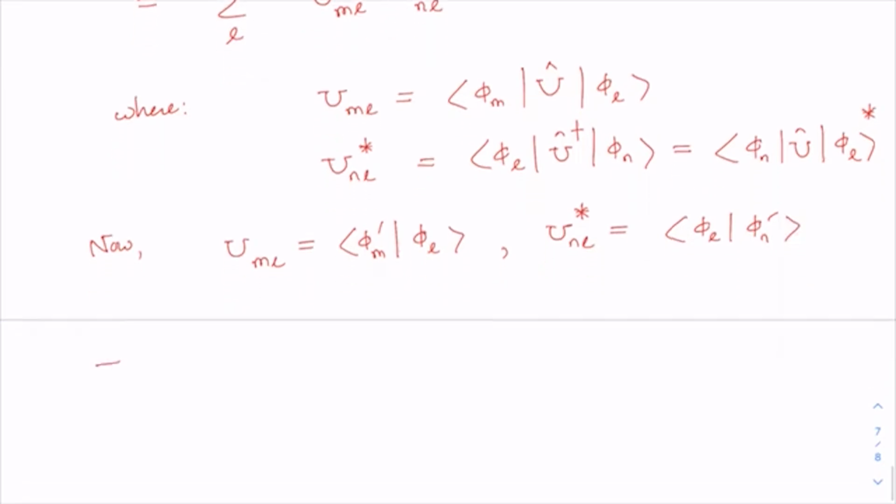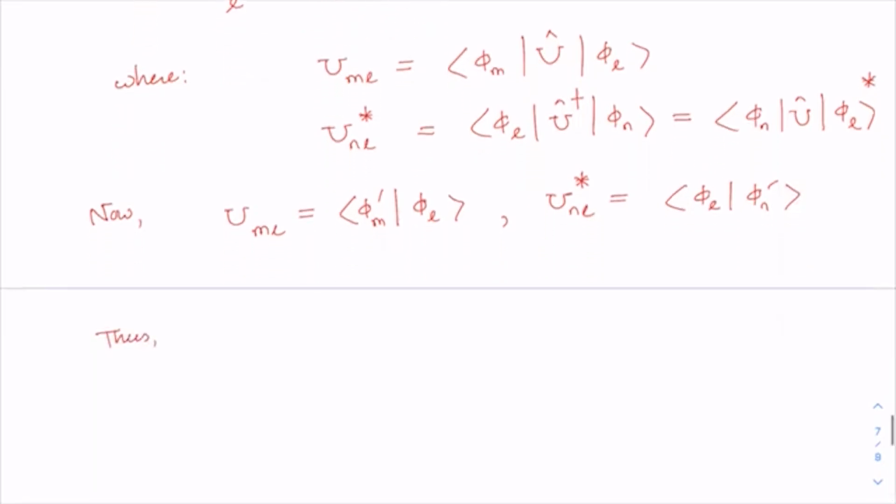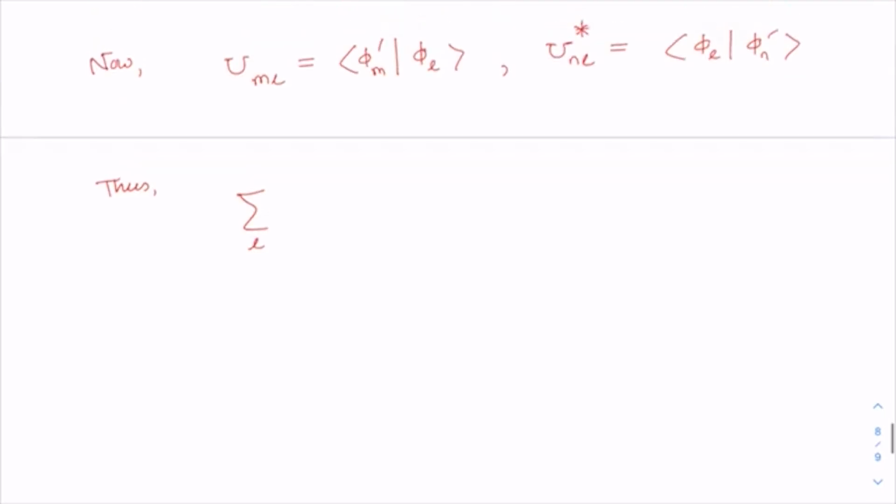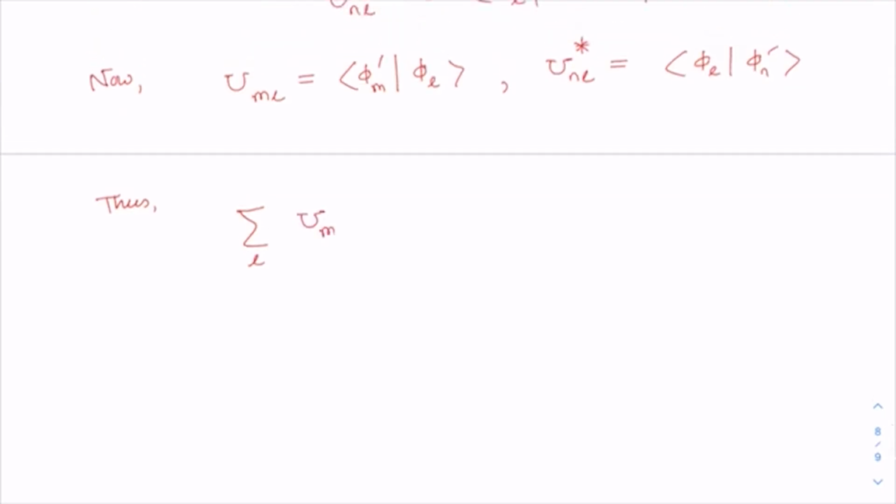Okay, so therefore I can write the sum over l of U ml U nl star as phi m dash phi l phi l phi n dash.